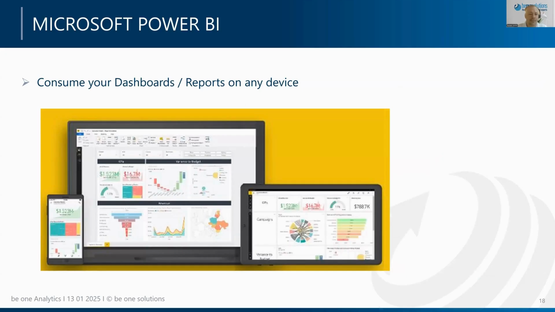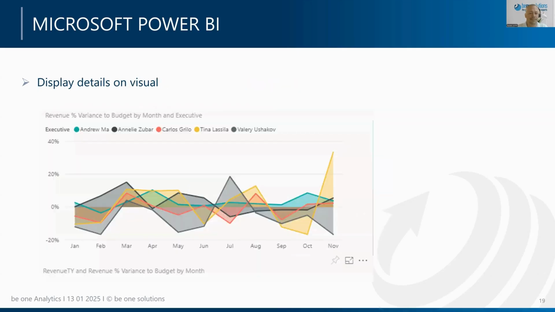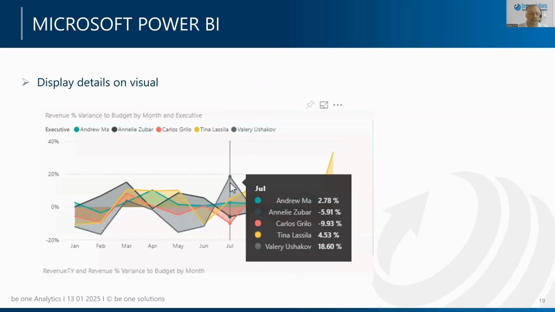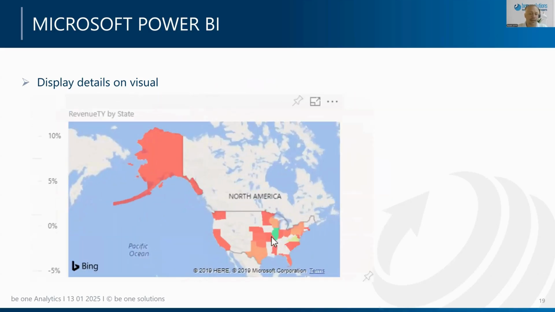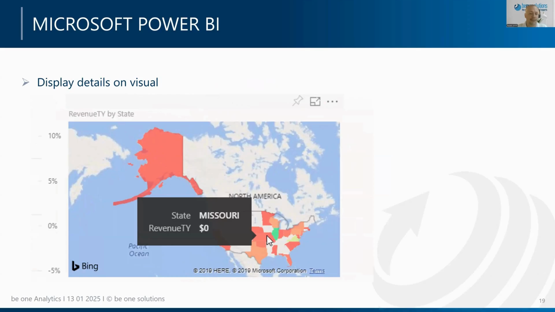Of course, the reports come via a web tool, for example. So you can use and consume your dashboards and reports on any device, such as a mobile phone, or maybe a tablet, or even your personal computer or laptop. These visuals are not fixed.